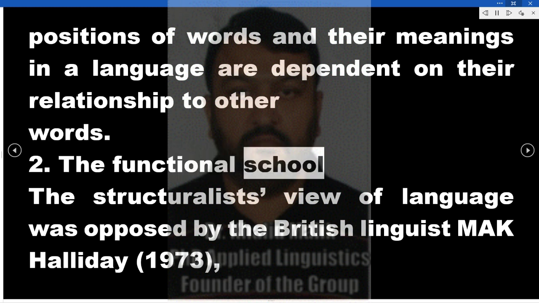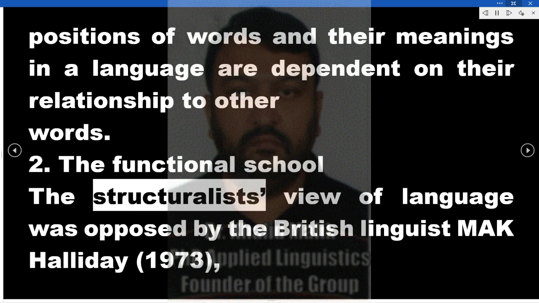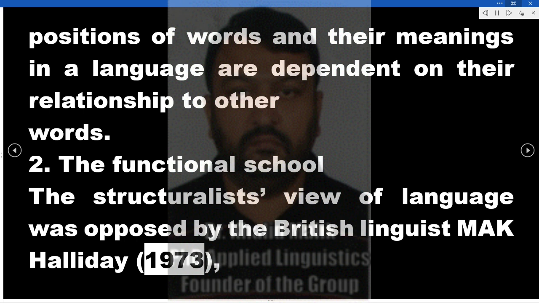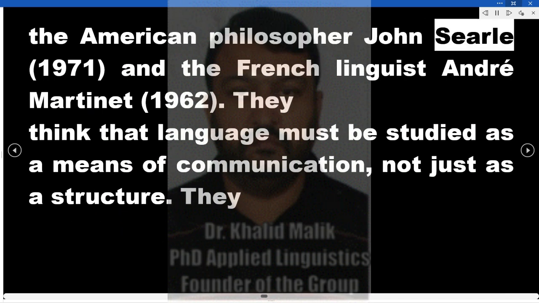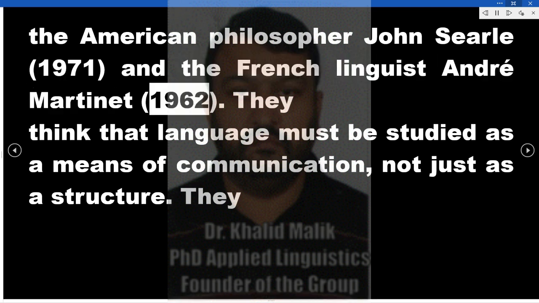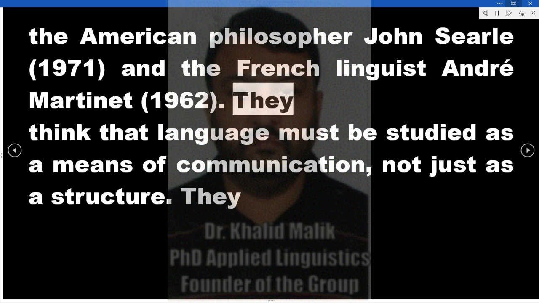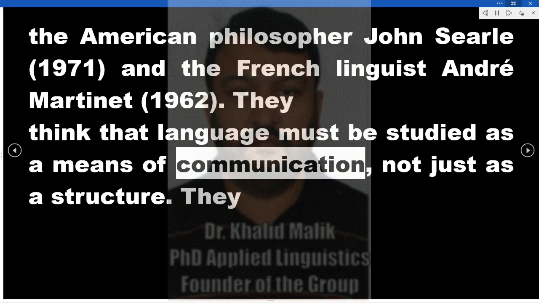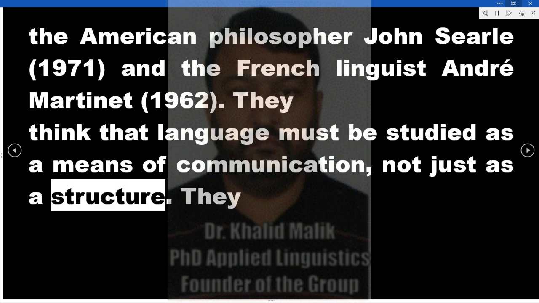2. The functional school. The structuralist's view of language was opposed by the British linguist Halliday, 1973, the American philosopher John Searle, 1971, and the French linguist André Martinet, 1962. They think that language must be studied as a means of communication, not just as a structure.